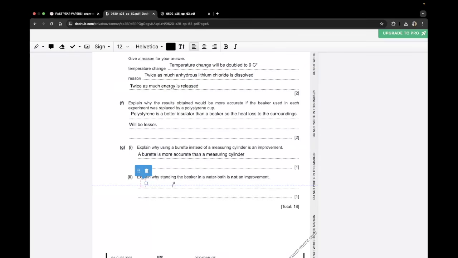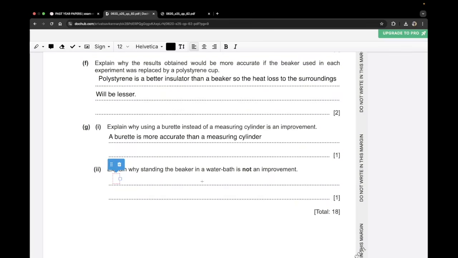The same with a pipette as well. Putting the beaker in a water bath is not an improvement. This, however, requires some degree of higher order thinking. You just have to consider what's happening here. You should recall that a water bath is typically used when you want the temperature of something to remain constant. But we do not want it to remain constant here. We want to observe the actual temperature change.